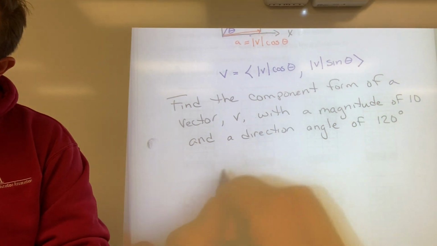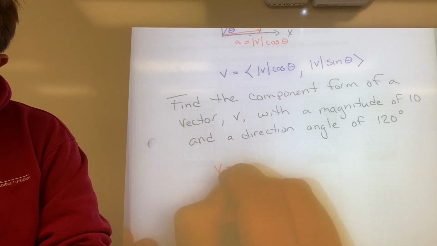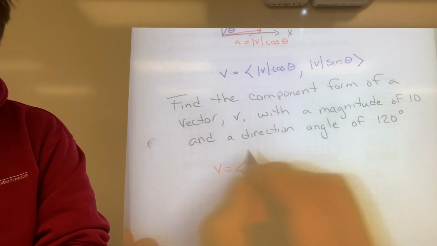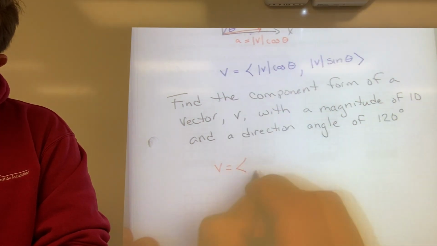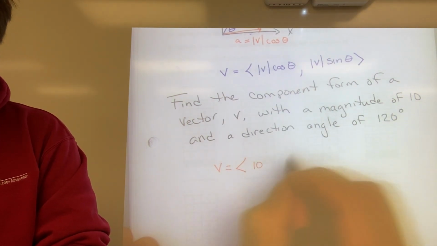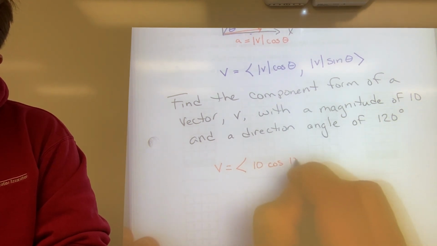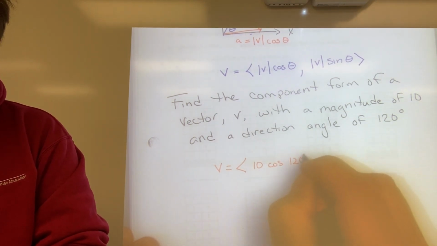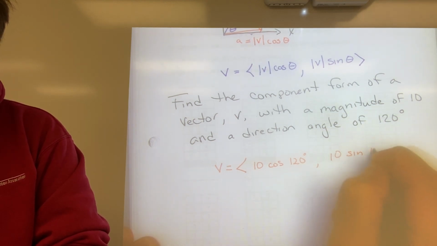And to do that, we know that the component form is going to be equal to that magnitude of 10 cosine 120 and 10 sine 120.